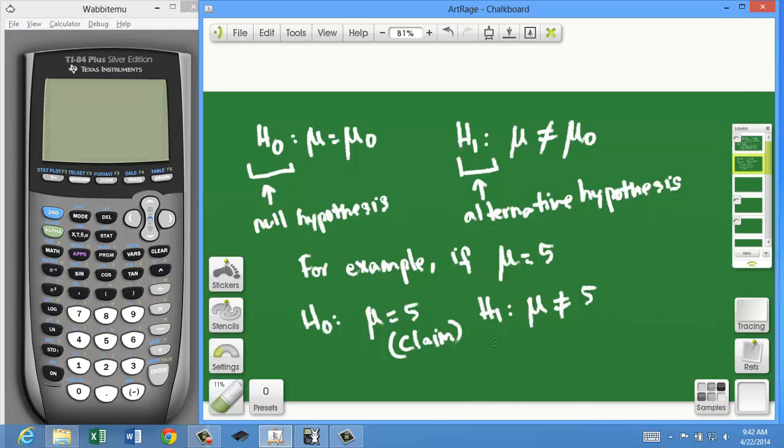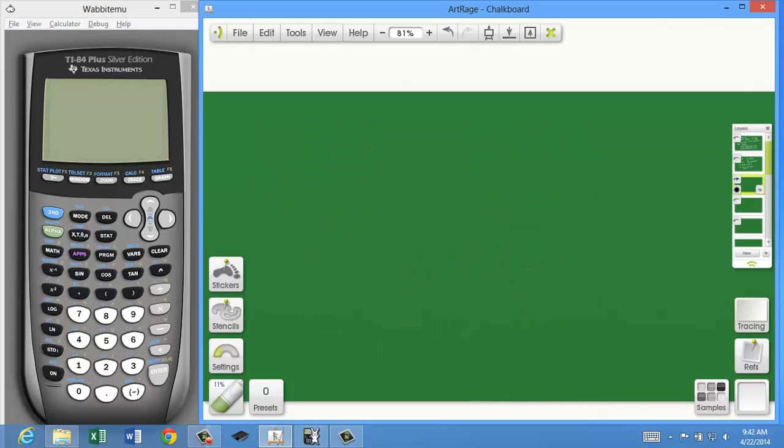In a similar manner, we can construct and obtain the other statements as hypotheses. So, for example, if the claim is mu less than or equal to 0, then the null is mu less than or equal to 0, and the alternative is mu greater than 0.